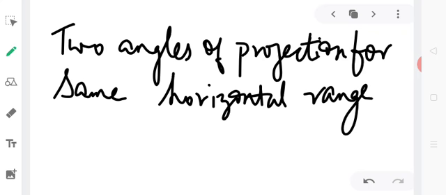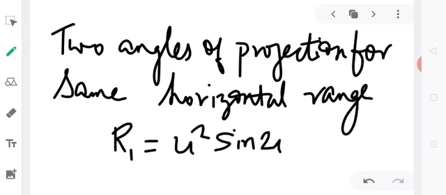Now, when an object is projected with velocity u making an angle theta with the horizontal direction, then horizontal range is given by, suppose I write r1, this is equal to u square sine of 2 theta by g.